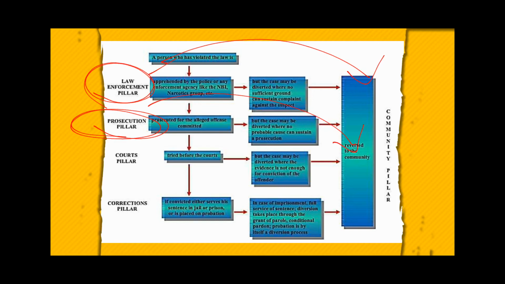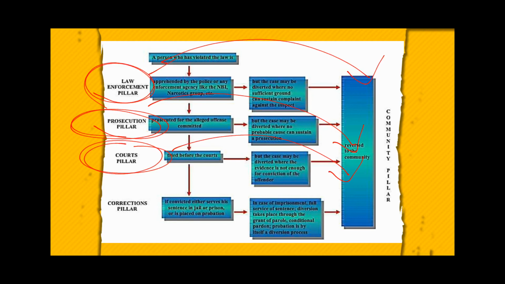Pero if there's sufficient cause during the arraignment, then they will proceed to the courts pillar. And the courts pillar now is where we try the person's case, and if there's not enough evidence and it has been proven that there is no reason to suspect that this person could be convicted in that crime, then he or she goes back to the community.